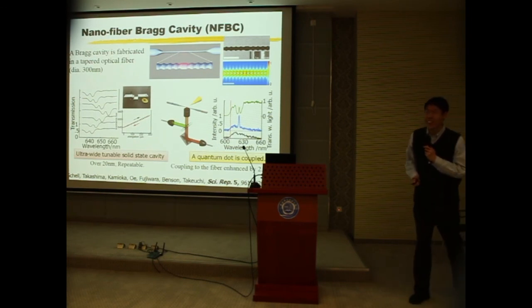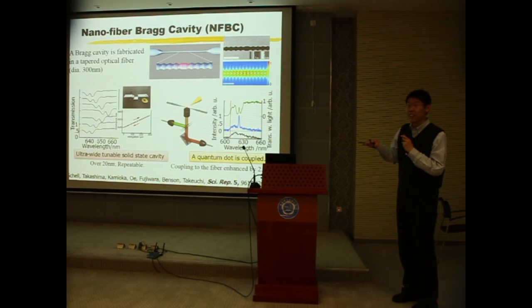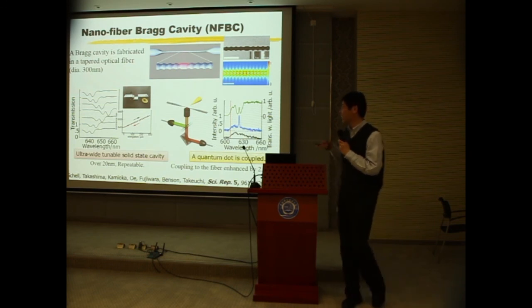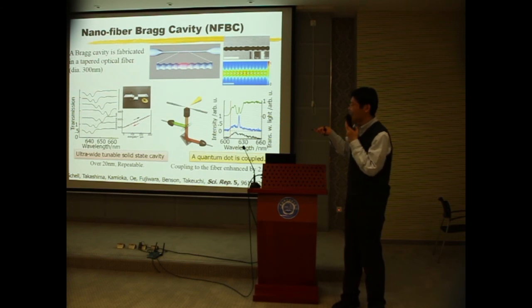What do you think is limiting the coupling at the moment? You mean this wavelength tuning? Yeah. It's a good question. We are also interested in the limits, but actually the fiber diameter we stretched is now 300 nanometers.